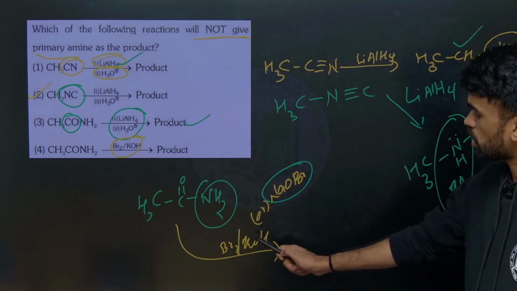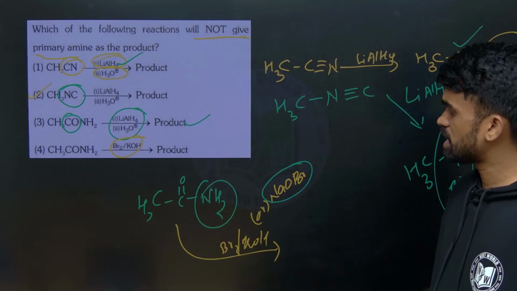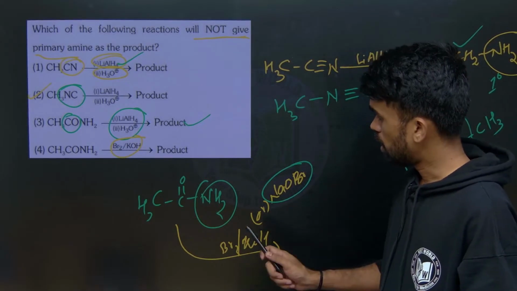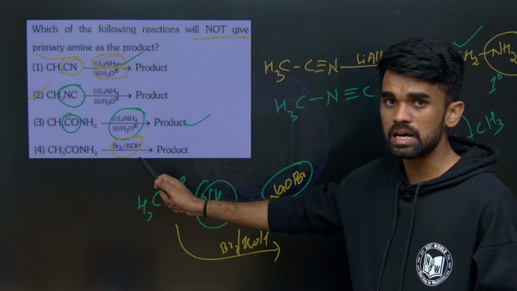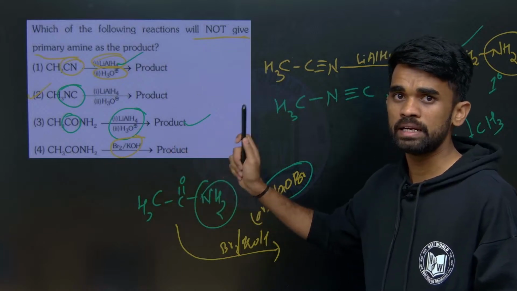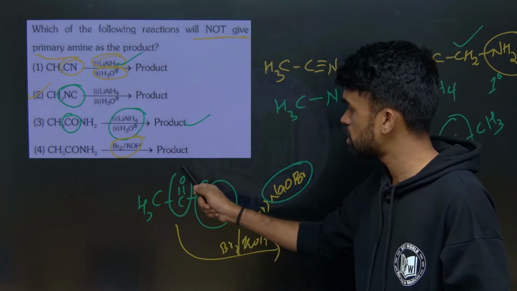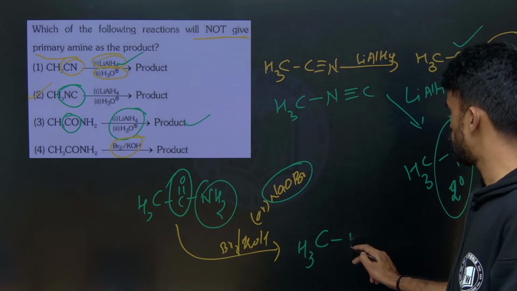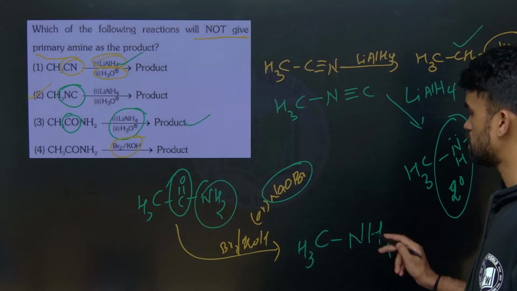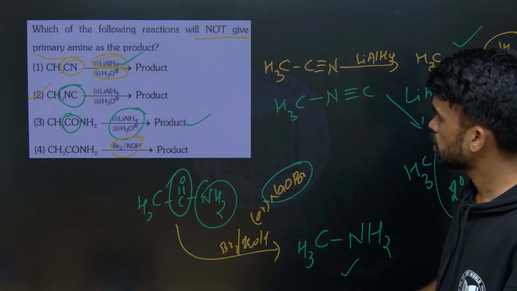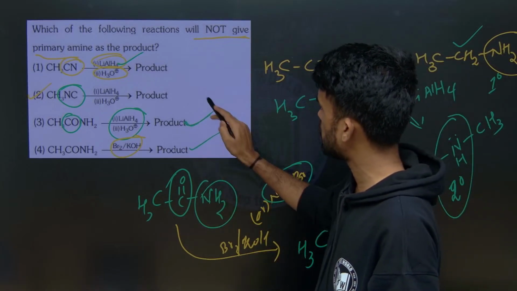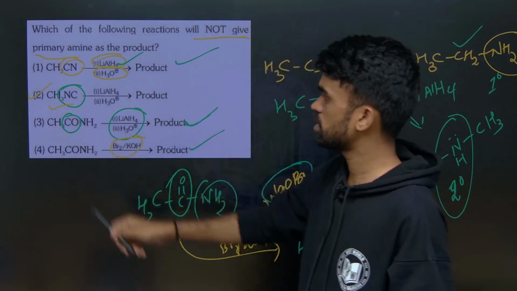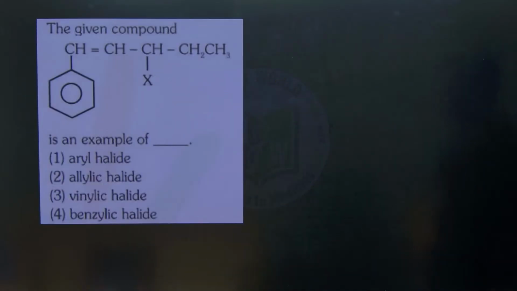This will be the product formed when these two react. The name of this reaction is Hoffmann bromamide degradation. Just remove the CO group, and we will have methylamine. This will be the product, a primary amine. This one also gives primary, but this one gives secondary. So go with the second option.